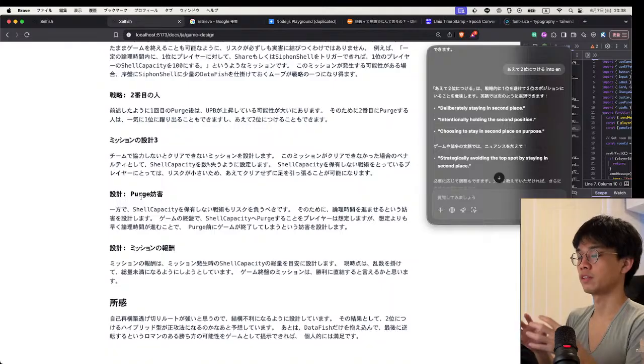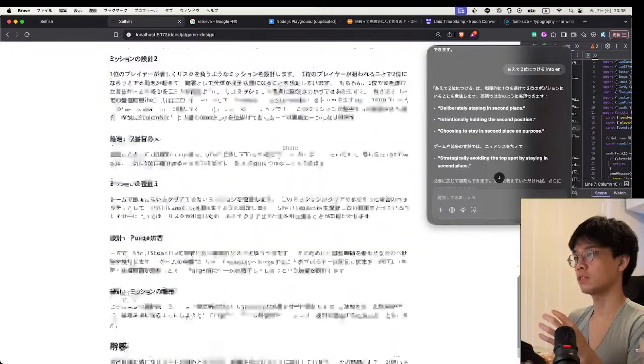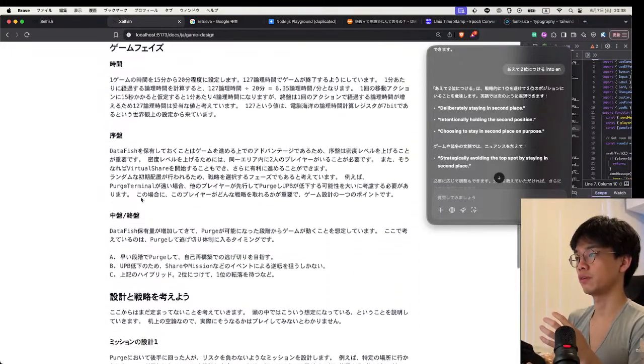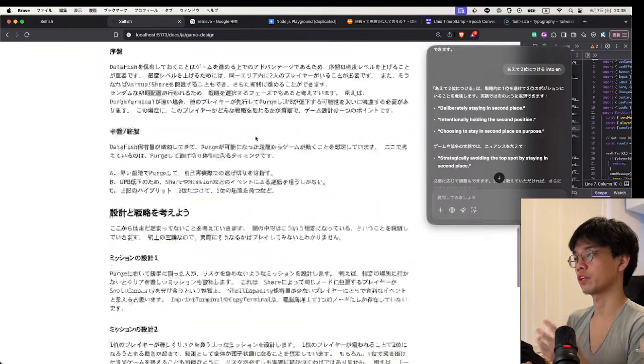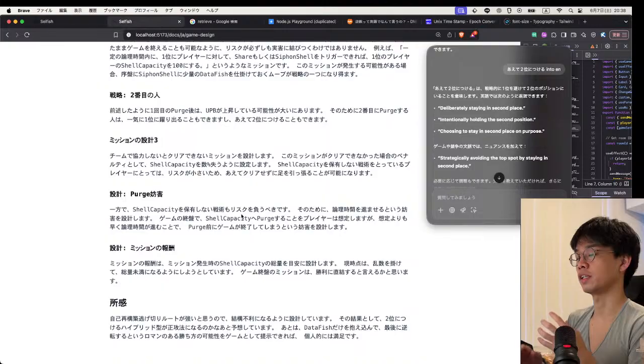But there is a risk. The game ends at 127 logical time, so the player thinks about the logical time, counts it, and plans to purge.